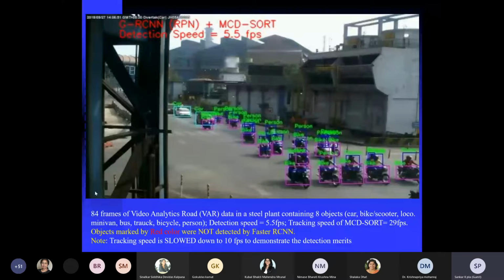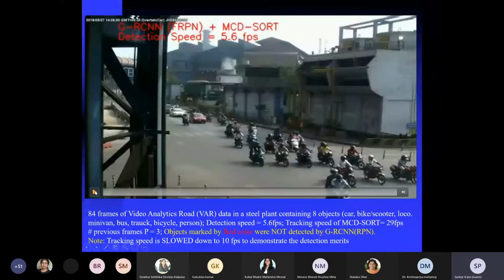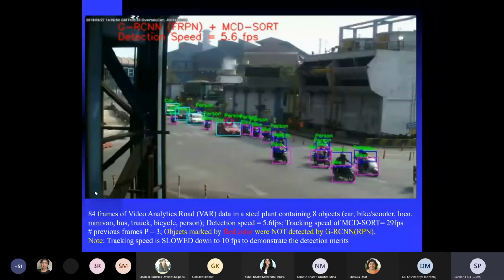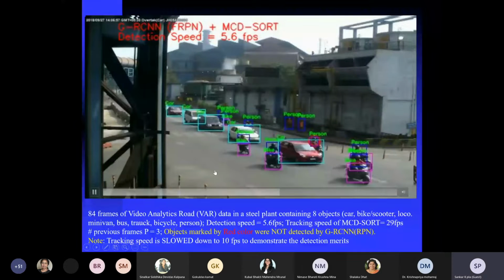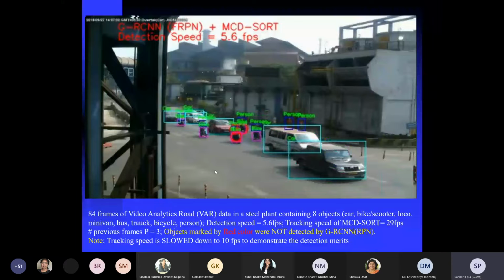GRCNN and RPN. So GRCNN, GRPN, if you take the temporal domain, it is even better. So detection is in red color. You see, they are not able to be detected even by GRCNN. That is, GRCNN even could not detect it. In the previous one, red colors were not detected by faster RCNN, but here the red means it is not able to be detected by GRPN.